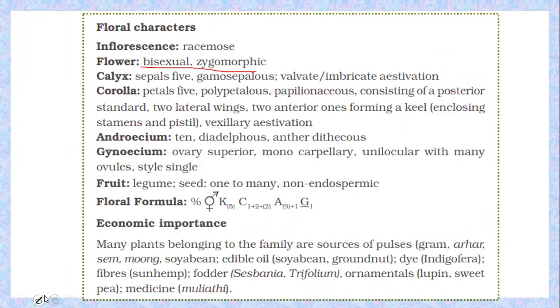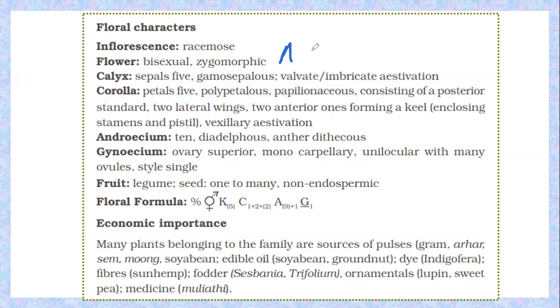Bisexual, zygomorphic. Just study those points which I am going to tell you. Point number 1, bisexual and zygomorphic. Five sepals, gamosepalous condition. Five petals, polypetalous.